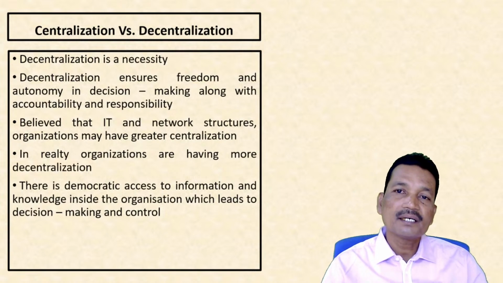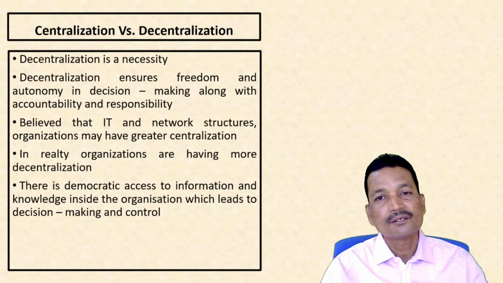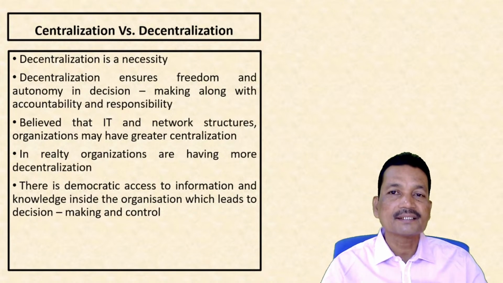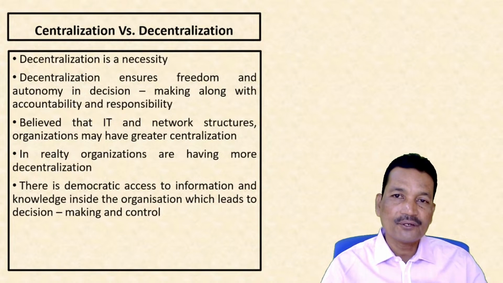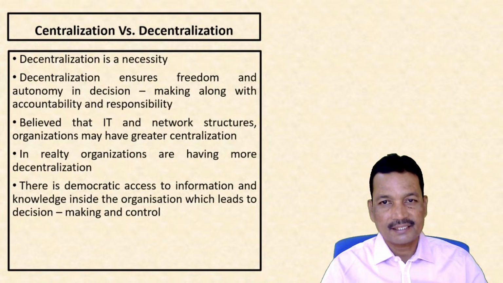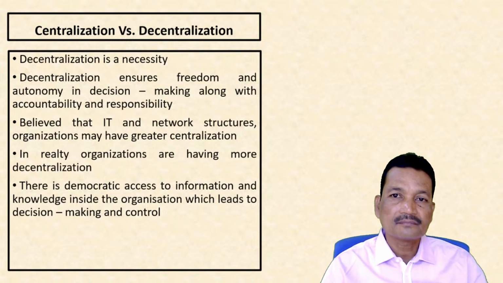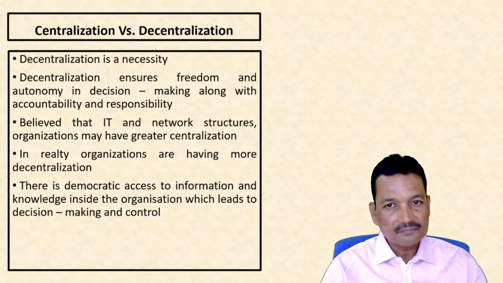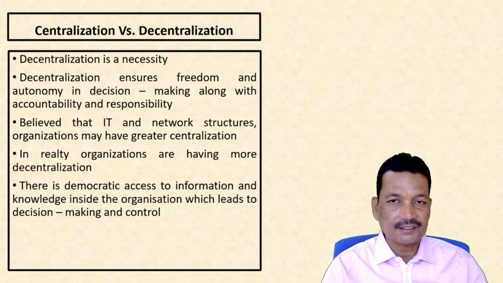So, when decision making capability is entrusted to only a few top managers in the organization, or decision making is focused upon by only a few, then we call it centralization. Then, if we look at the other angle, decision making at the hand of every level of management, that will be called decentralization.